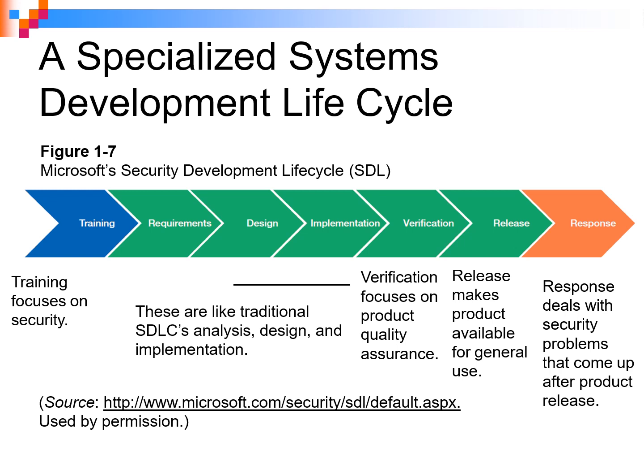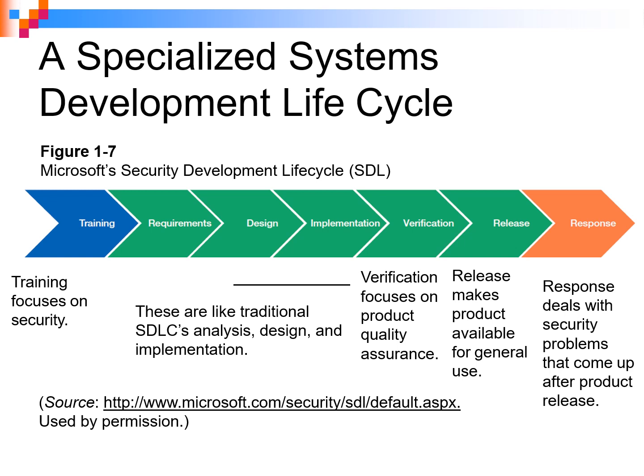In training, okay, so training focuses on security. Okay, so they used to train for the security of the system. Next is requirements. Okay, so design implementation. So these are like traditional analysis, design, and implementation.